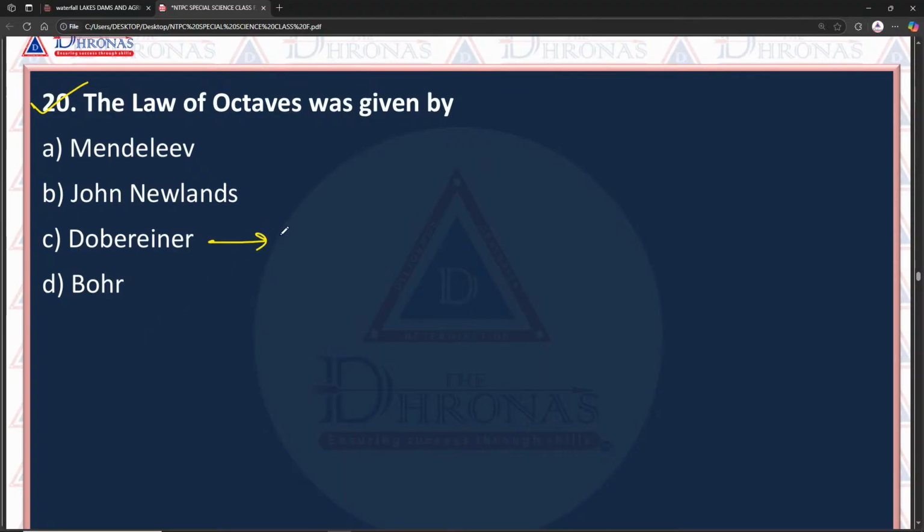Now Dobereiner's periodic table is known as triad. Niels Bohr made the modern long form periodic table.